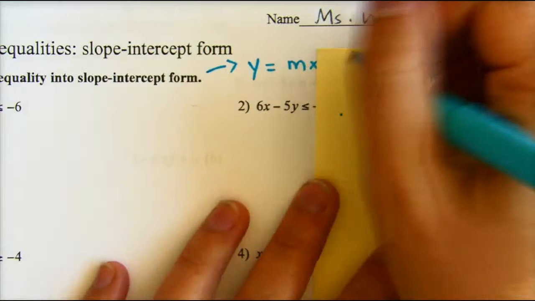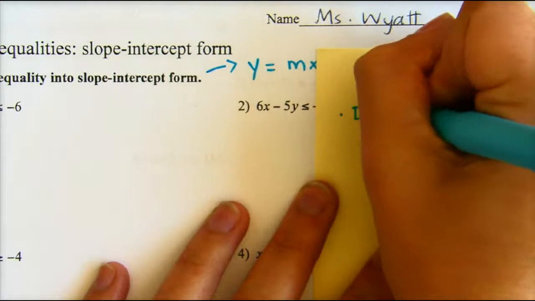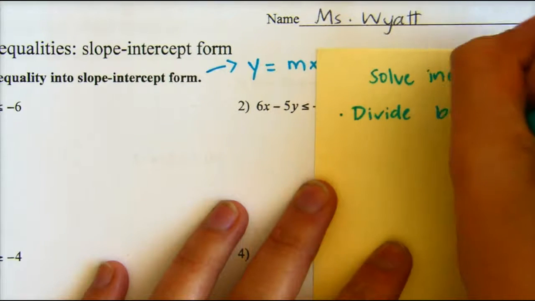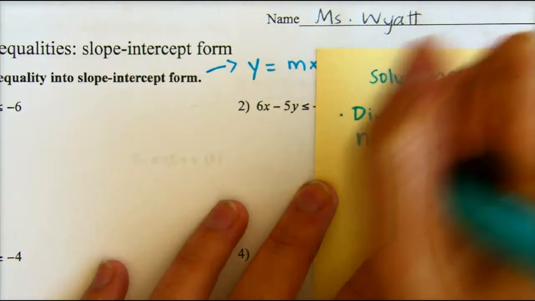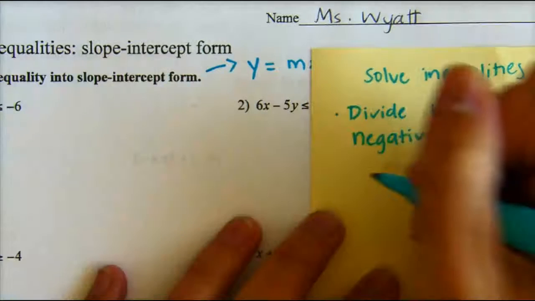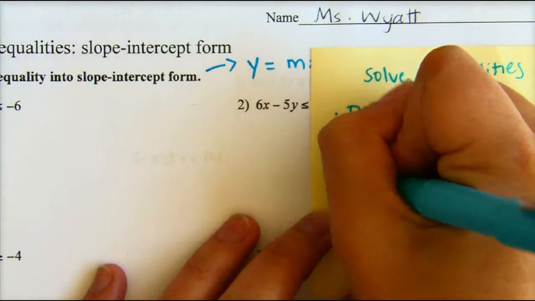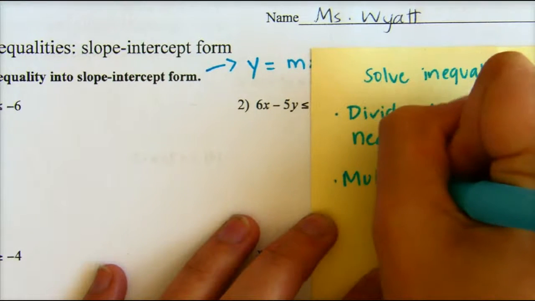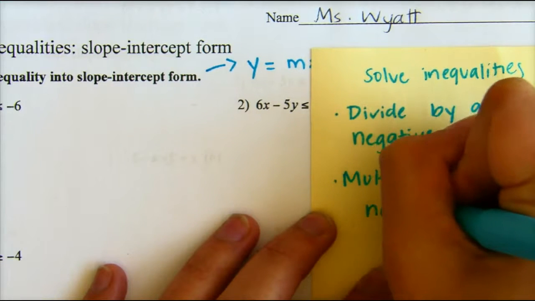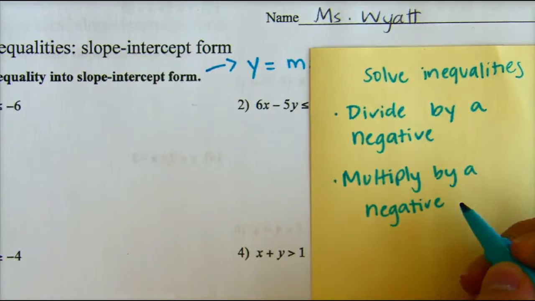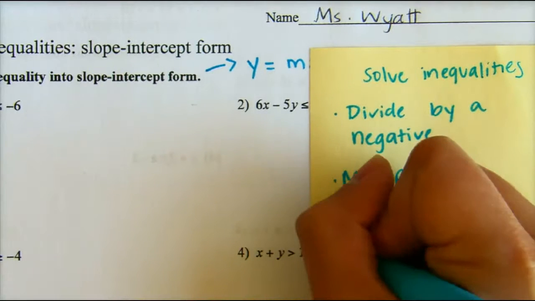When I divide by a negative, or when I multiply by a negative, the inequality sign switches.